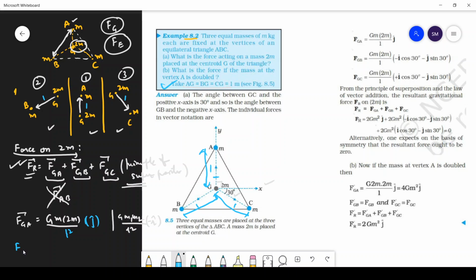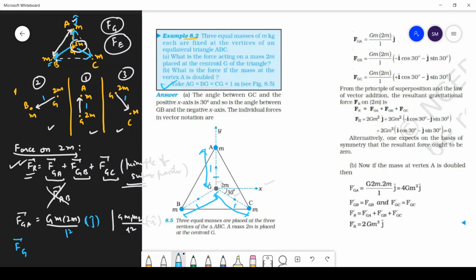Now what about the force on 2m due to m placed at B? Obviously 2m will be pulled by this. It was pulled by the mass at A, and it will further be pulled by the mass at C. So this direction is clearly j cap.